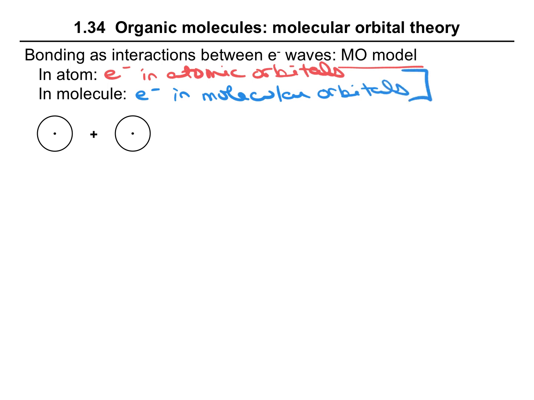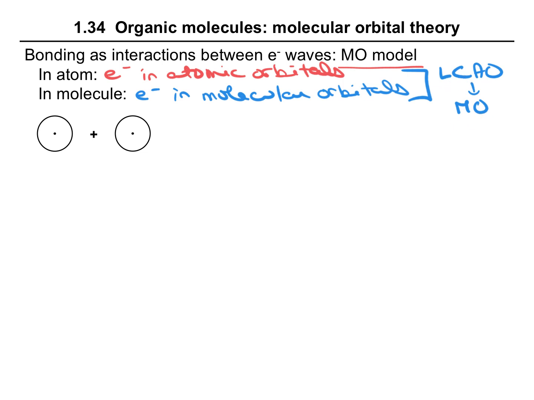And molecular orbital theory is based on the linear combination of atomic orbitals to give molecular orbitals. In other words, we take our atomic orbitals and we add them together to give us molecular orbitals.